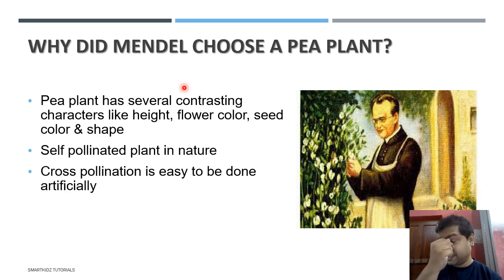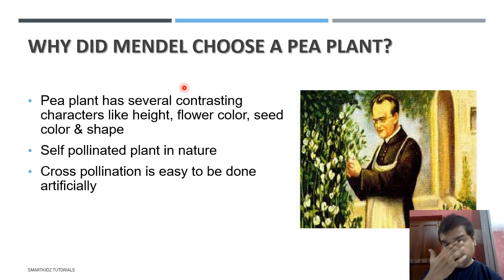So remember, it is a transfer of pollen which contains the male gametes, or male germ cells, from the anther where it originates to the stigma of another plant. Stigma is part of the female reproductive organ of the plant. So it is stigma, style, and ovary. Now, it is transferred to the stigma of another plant. That is cross-pollination.